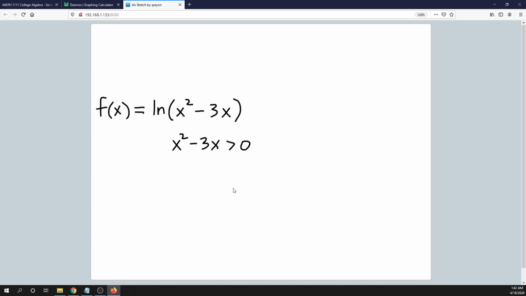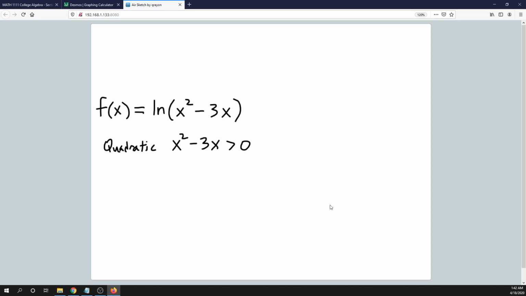Okay, so this inequality is called a quadratic inequality. It is a more complicated inequality than the previous inequality that we just solved. You cannot solve it the way that we solved the previous one. How can I tell that it's quadratic?